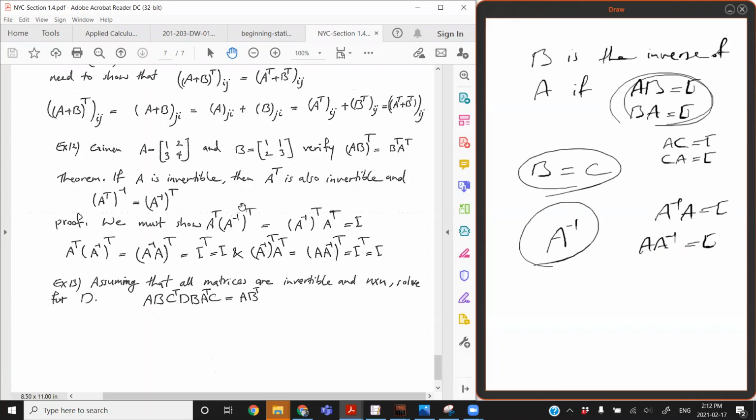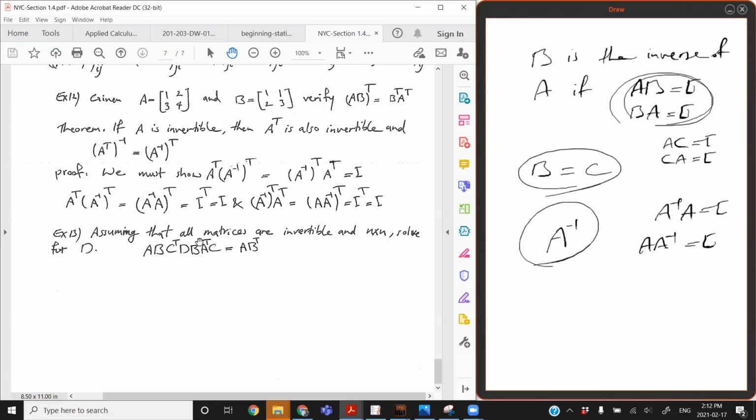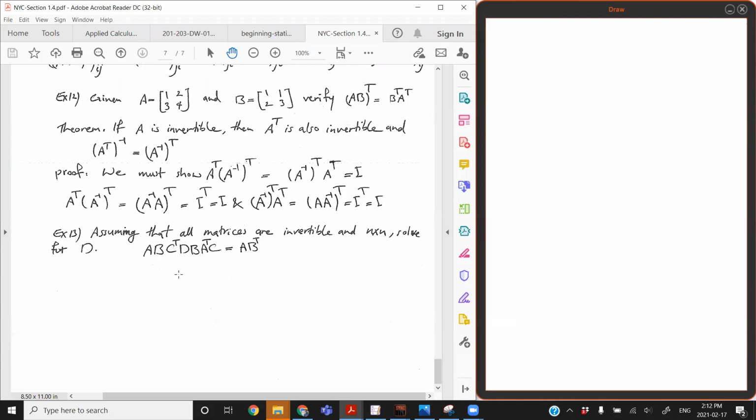Okay, so assuming that all the matrices are invertible and n by n, solve for D. Here I'm trying to isolate D. I have (A B C transpose) D (B A transpose C) equal to A B transpose.